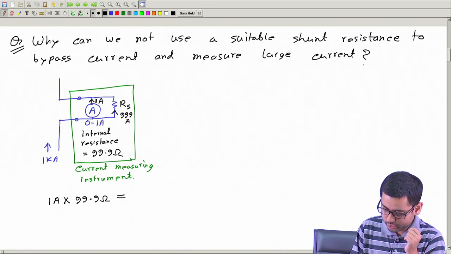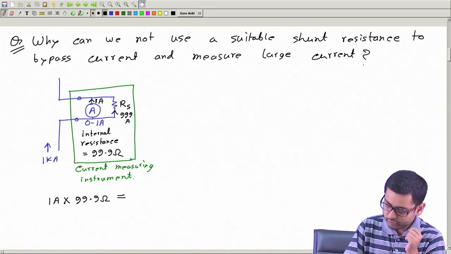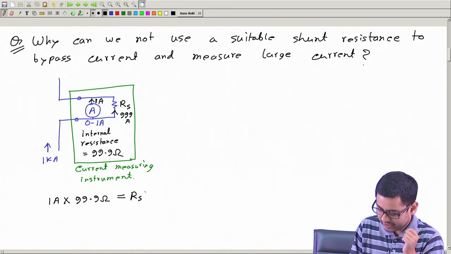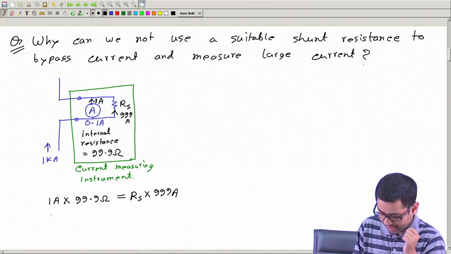This should be equal to the voltage across these two terminals, which is the same as the voltage across these two terminals. So, we can write this as Rs multiplied by the current through the Rs, which is 999 ampere, and then Rs will come out to be 99.9 divided by 999.